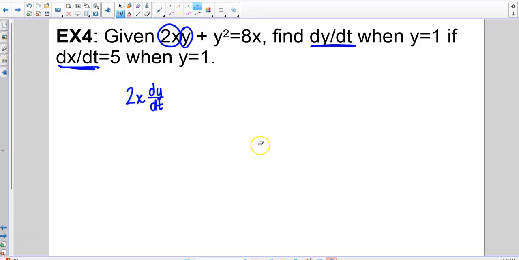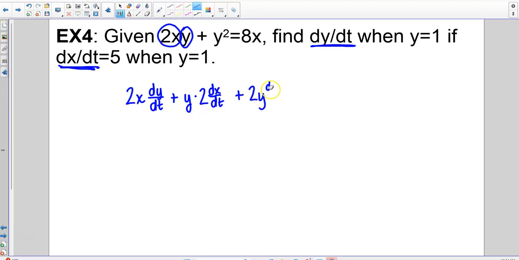It's got a dy dt, which indicates related rates. So 2x dy dt plus y times the derivative of 2x, which is 2, but you must put a dx dt with that. So that's the derivative of just that little first piece.